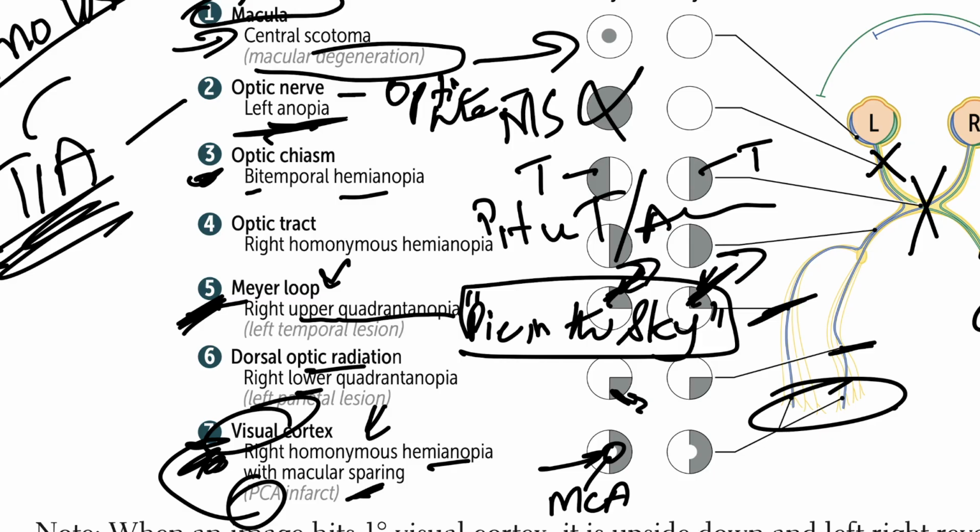So when you have a PCA infarct, you're not going to cause full-on hemianopia, but you will have macular sparing. Macular sparing again, why? Because macula is supplied by MCA. Okay, so in PCA stroke, you will have macular sparing homonymous hemianopia, and that's all about this.